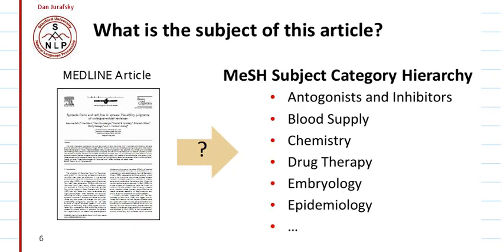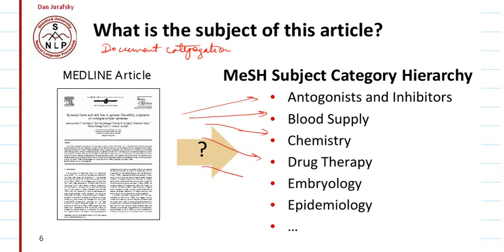Similarly, we can do document categorization. Document categorization is assigning a category to a given document. Suppose this is a particular scientific document; we can assign it to one of these categories, or see which category this document belongs to.